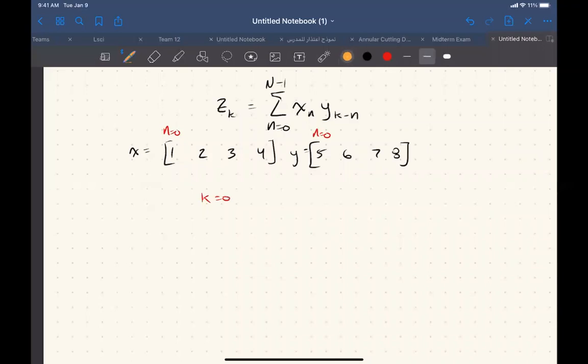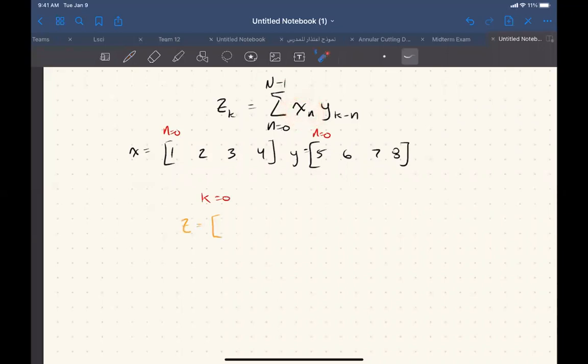We're going to start at k equals 0. So z at k equals 0, let's just look at our equation. K is 0, so that means this value is 0. And we're going to start from n equals 0 and go to n minus 1.